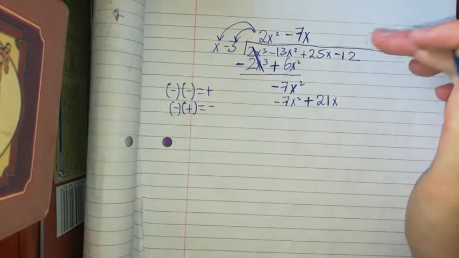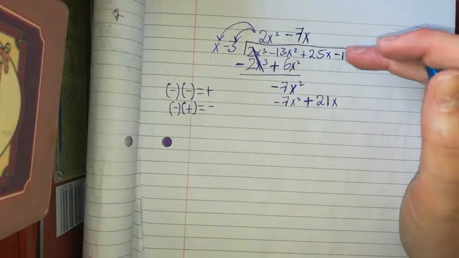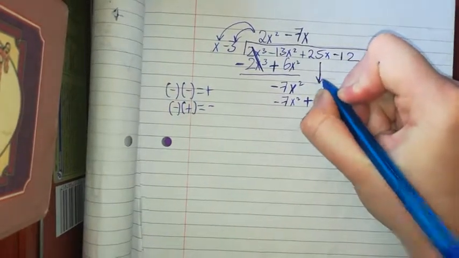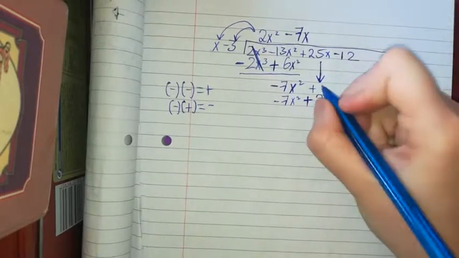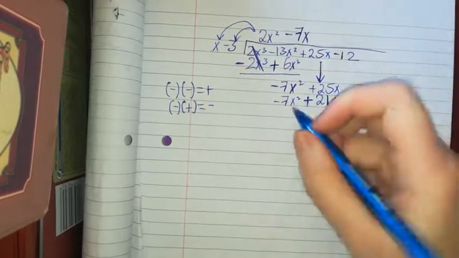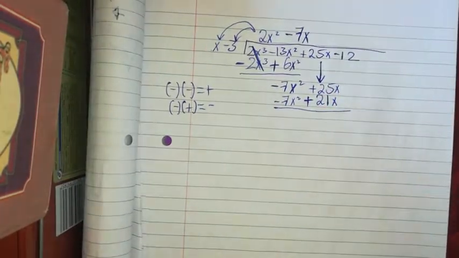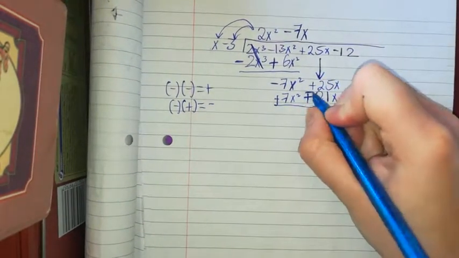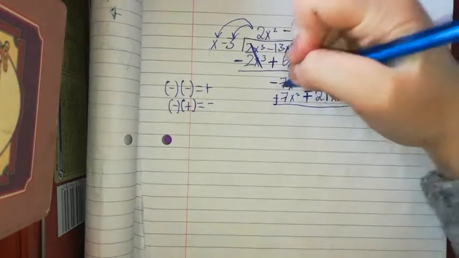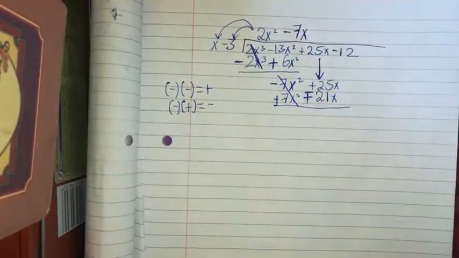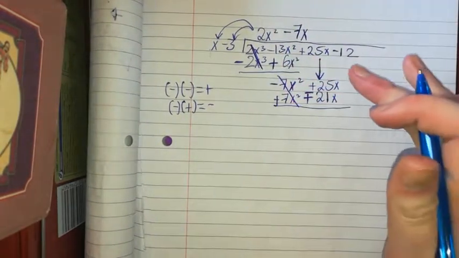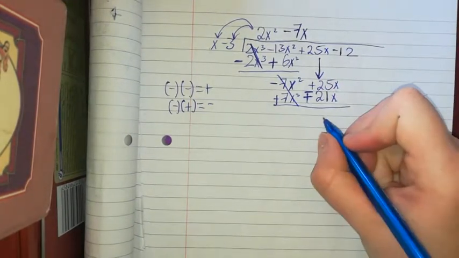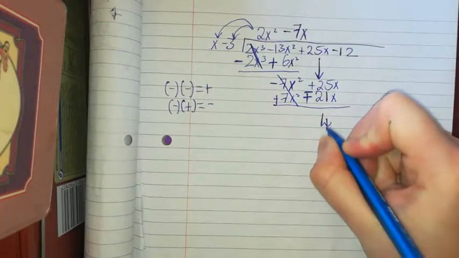Then I bring down my 25x. I subtract my second line, so the signs change, and the minus 7x squared cancels. Then 25x minus 21x is 4x.